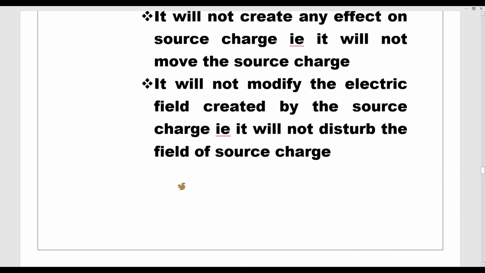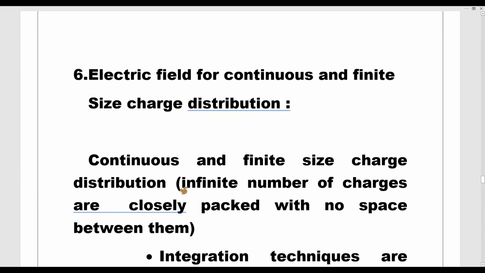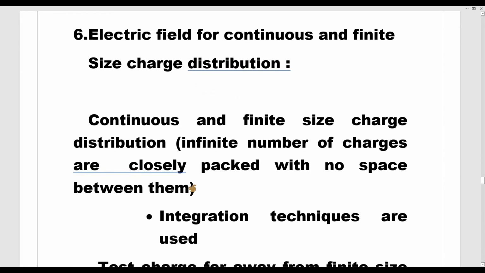Okay, now we move on to the next aspect, electric field for continuous and finite size distribution. Guys, so far we learnt about point charge. Here we find E vector for continuous and finite size charge distribution. In a continuous and finite size charge distribution, there will be an infinite number of charges closely packed with no space between them.